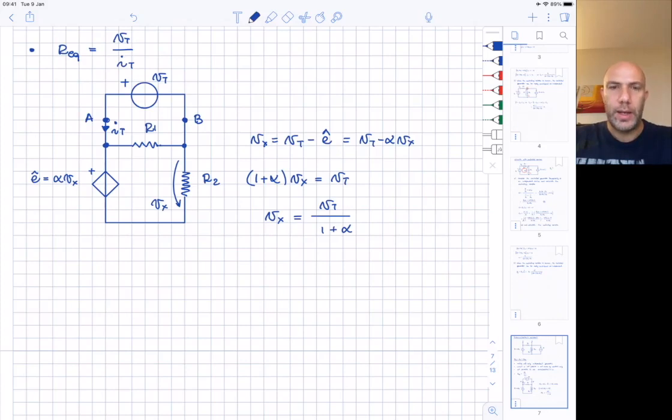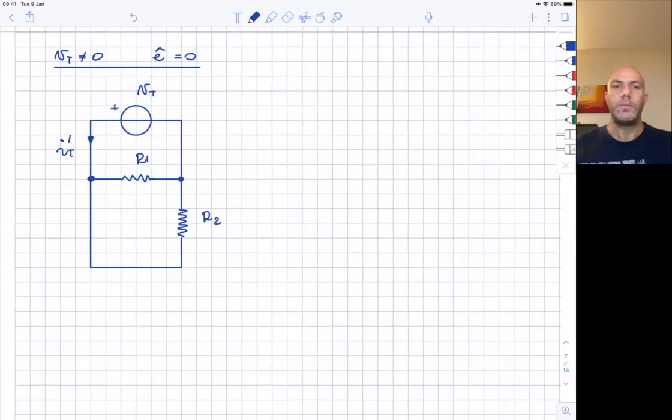Now that the controlling variable is known, we can easily calculate the current IT applying superposition. If we switch off the dependent voltage generator and we keep the test generator on, we are in this condition where we want to calculate IT prime.